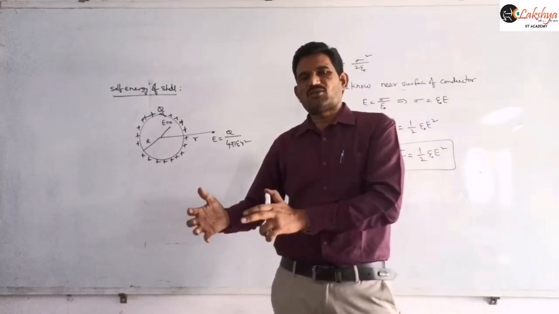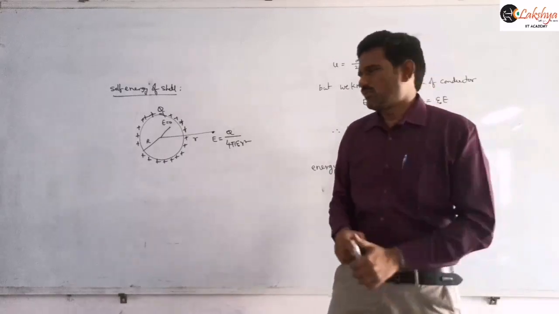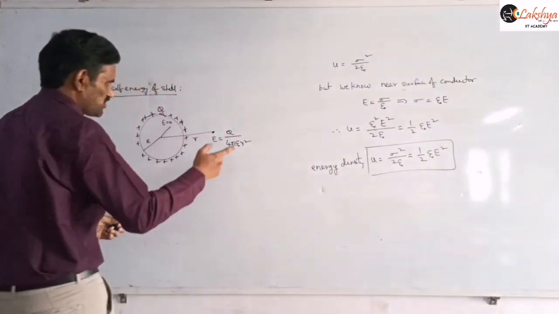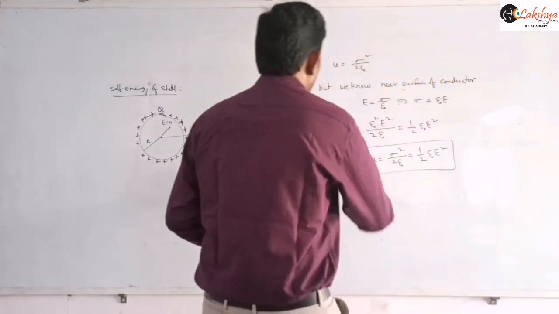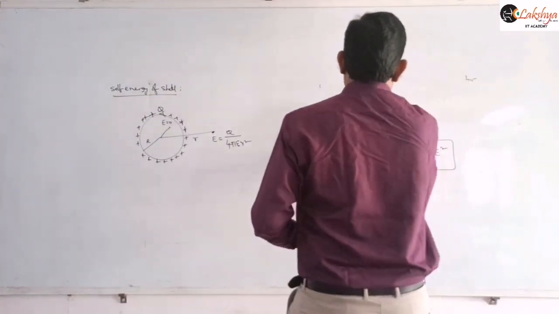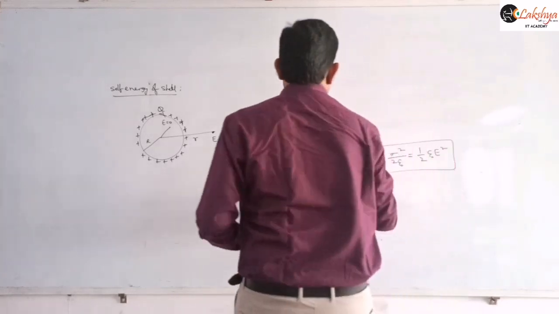Now let us derive it by using that equation. I will explain the self energy derivation by using this energy density calculation. As we know, the energy density formula is half epsilon naught E square.